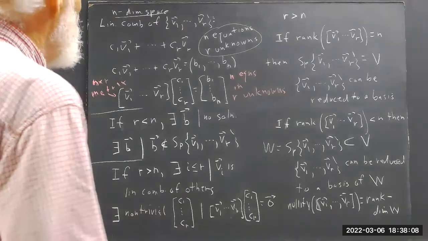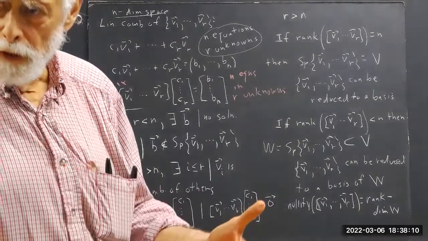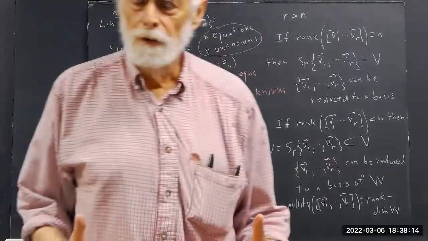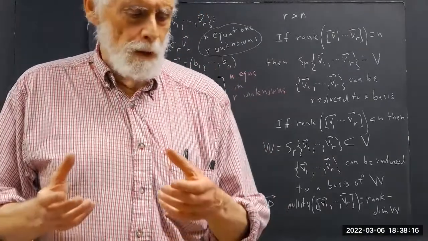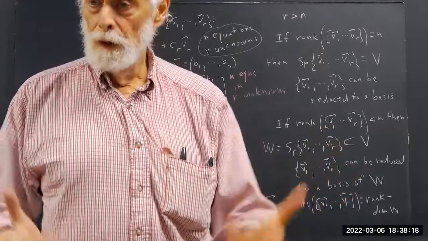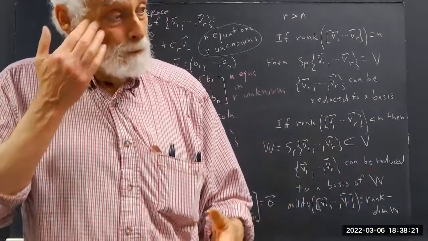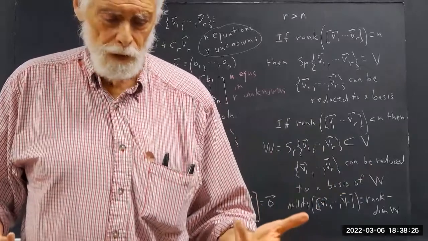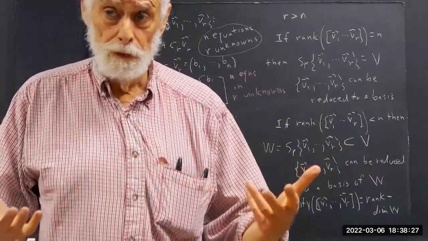Now, it's important to remember from the very first chapter what happens with simultaneous equations. If you have more unknowns than you have equations, then you're going to end up with free variables. You're going to end up with an infinite number of solutions.